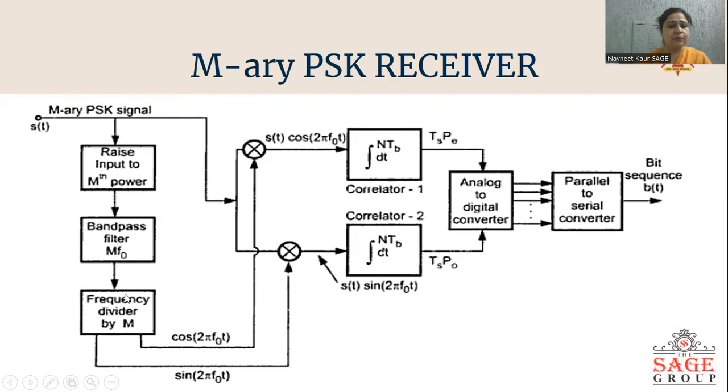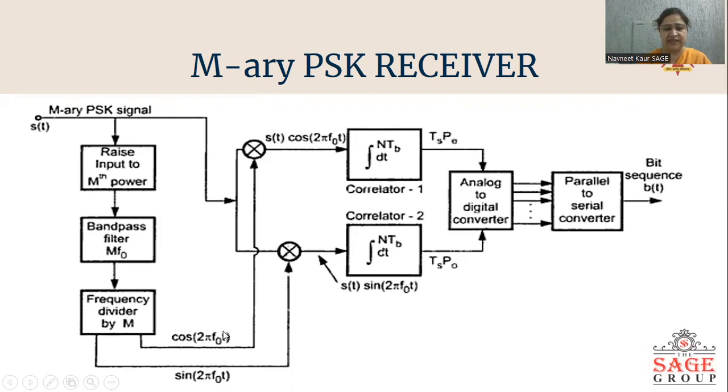Now, this output is given to the frequency divider, which will divide the frequency of all the signals by M. That means the incoming signals have a frequency of M f0. Whenever they are given to the frequency divider, the frequencies will be divided by M and we will get only cos or sine with frequency f0.